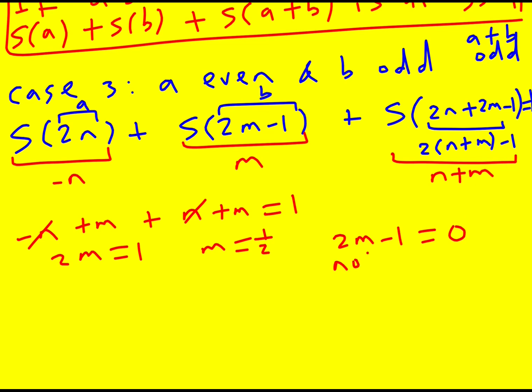So not allowed. Sorry, what am I doing here? 2m minus 1 is equal to 0, and that would be my A. And that would be my B. Oh, sorry, I'm making a mess of this here. B would equal 0, not allowed. So there are no more solutions.